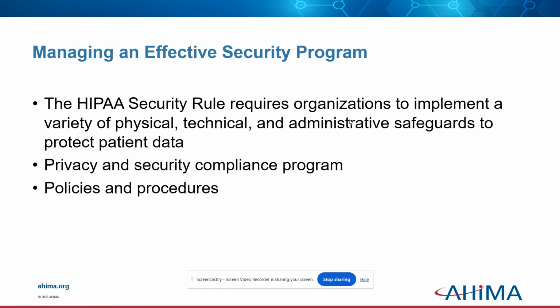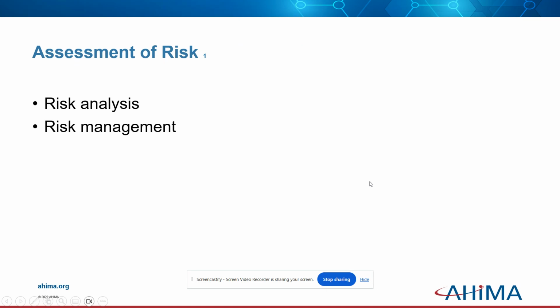That requires time, that requires resources, and oftentimes requires monitoring. Oftentimes will include some level of privacy and security compliance programs, and certainly must have in place policies and procedures so that all individuals are aware of those policies, procedures, and practices that are in place, and so that they can follow them.